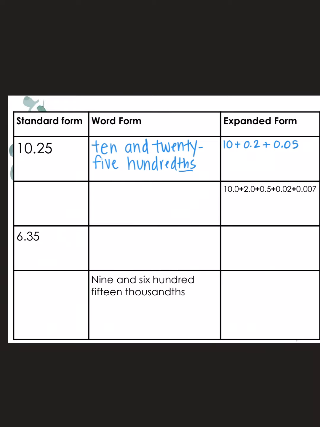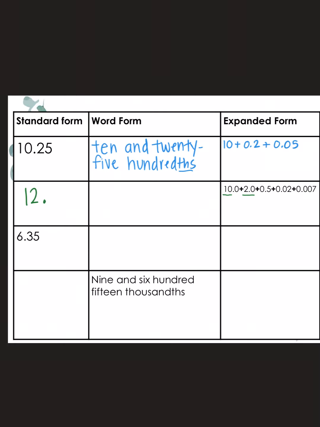When they give us a number in expanded form, we should add the numbers together in order to find our standard form. The easiest way to do it is just to think about it part by part. Take a moment to figure out how many wholes you have. They might have separated it by 10s, 1s, or 100s, 10s, 1s. So I see here that I have 10 and 2, which makes 12. So I know I already have 12 wholes. 12 point something.